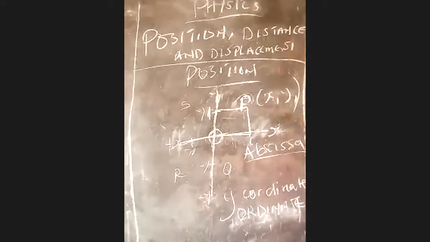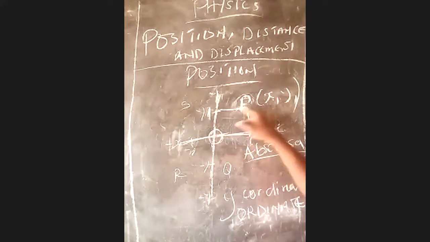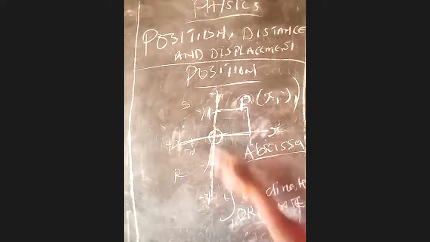We are dealing with position. The position of P in the S axis is S1, while the position of P in the Y axis is Y1. So the S coordinate is what we refer to as abscissa, while the Y coordinate is what we refer to as ordinate.